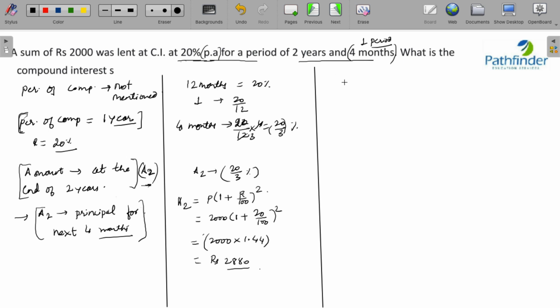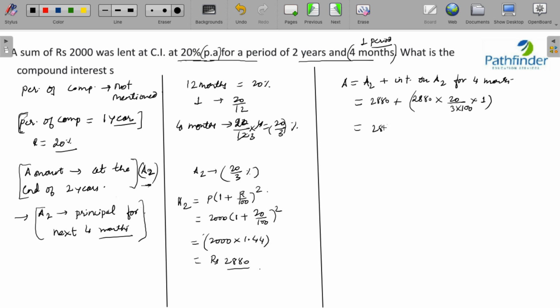Now the final amount will be principal after 2 years, that is A2, plus interest on A2 for 4 months. So 2880 plus 2880 into, what is the interest for 4 months? It is 20 by 3%. So 20 by 3 into 100 and into 1.